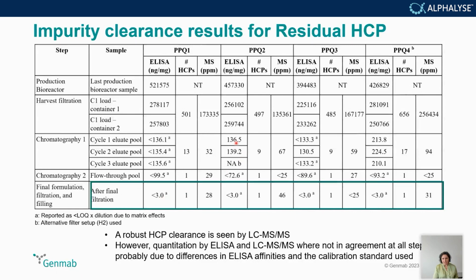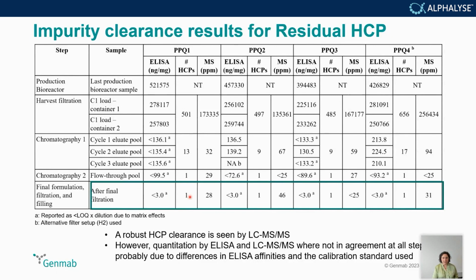Sometimes you can measure something, and sometimes you cannot measure anything. So the results we get with ELISA are very random, whereas with LCMS we actually see a good reduction. We can see we go from 500 to around 10 to around 1, and it's the same at the end of the filtration and at the bulk drug substance.